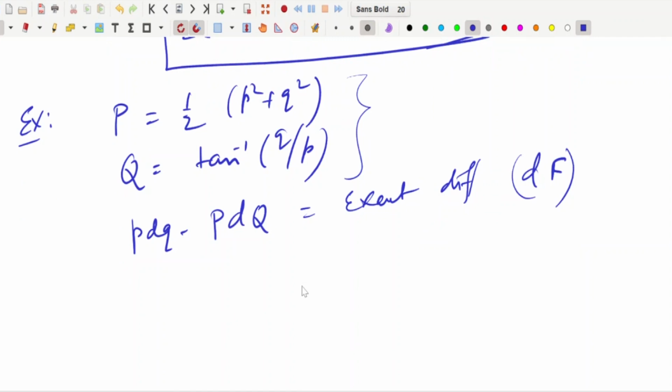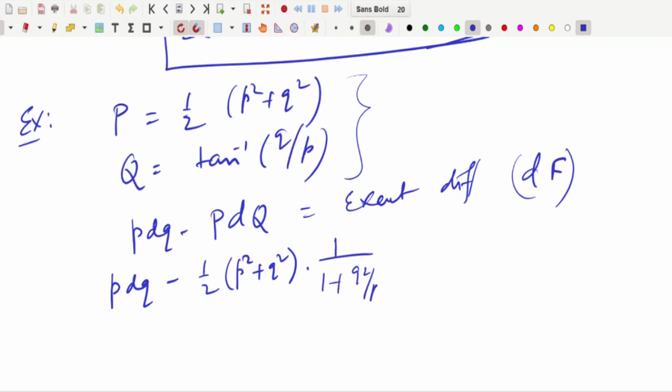p dq I will keep as it is, and capital P I will write in terms of the old variables, half of p square plus q square, times dQ, the derivative of tan inverse. The derivative of tan inverse is 1 over 1 plus q square by p square, times the differentiation of q by p, which will be dq by p minus q by p square dp.